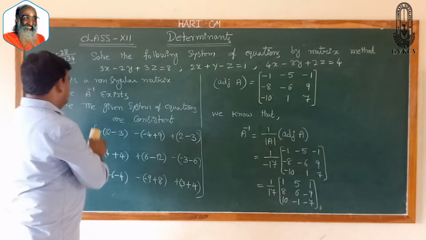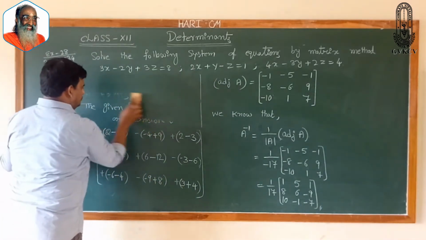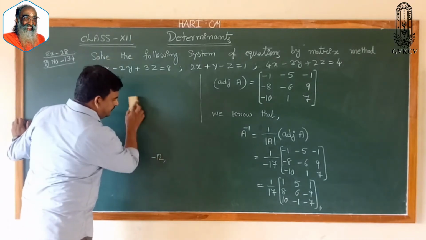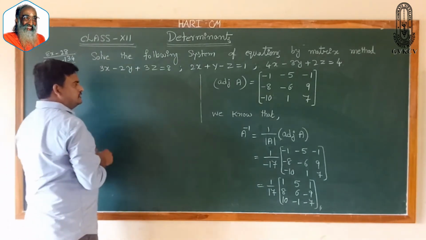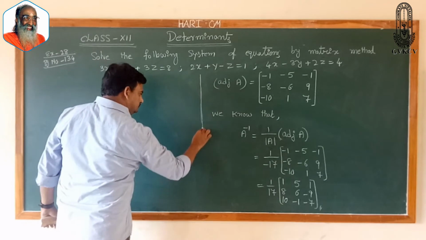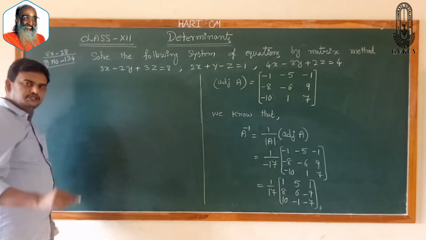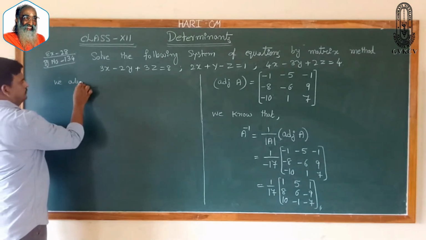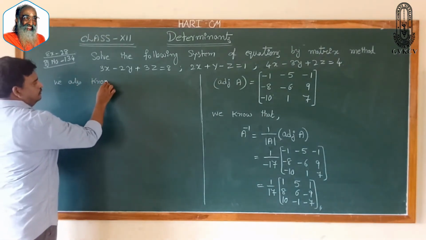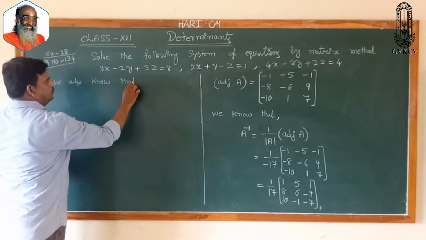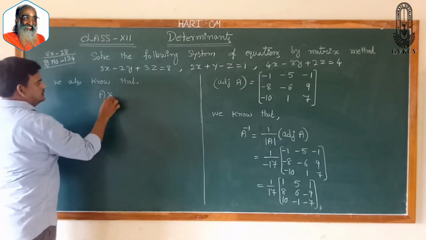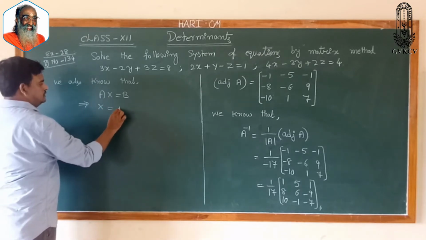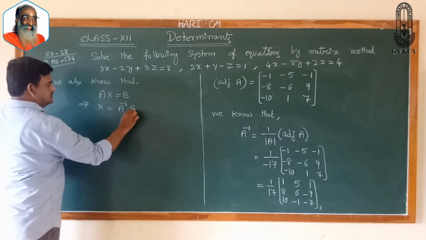How to find? We know another formula also. Earlier we have the matrix equation form. We also know that Ax is equal to b, that implies x is equal to A inverse into b.